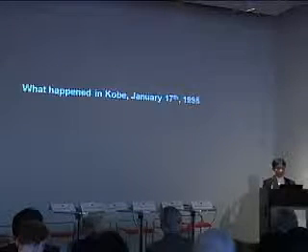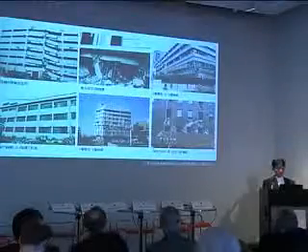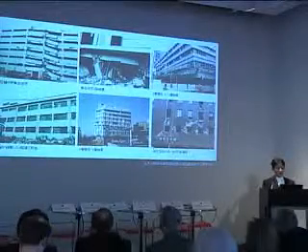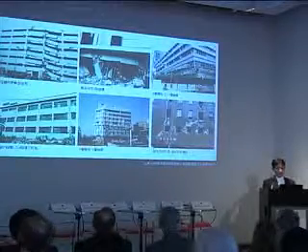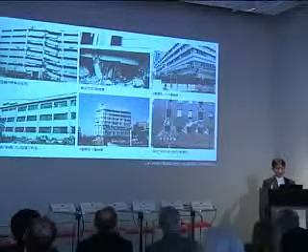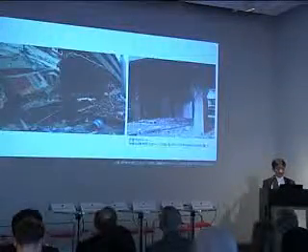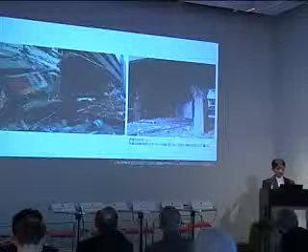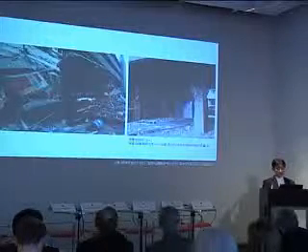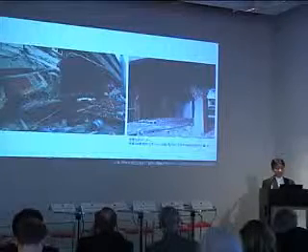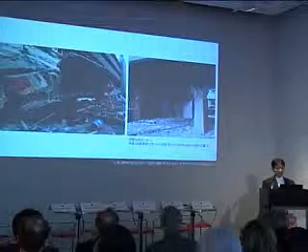What happened in Kobe in January? Let's take a look. These are the photographs of the Kobe earthquake, and mainly the main frames of the structure received heavy damage. Because we were concerned deeply about the structural mainframes, we didn't pay much attention to the secondary elements.